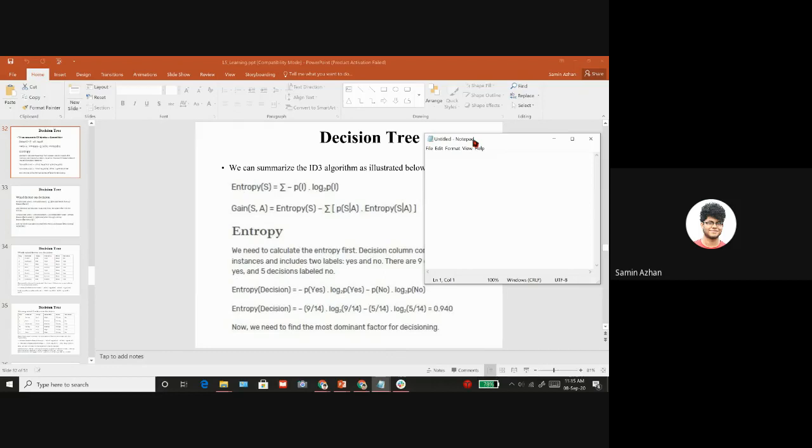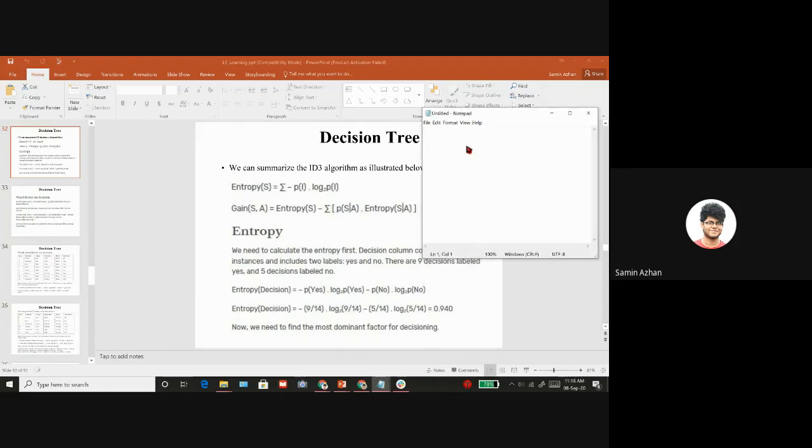And by calculating information gain, we can determine how to design our decision tree, which nodes we should pick as the root and the next one, and so on.